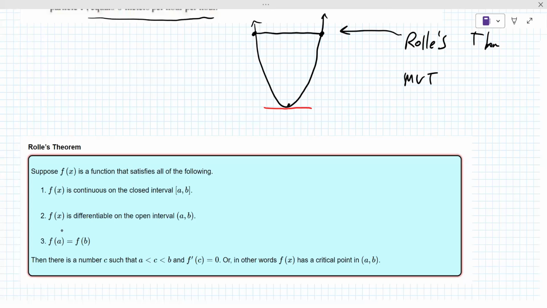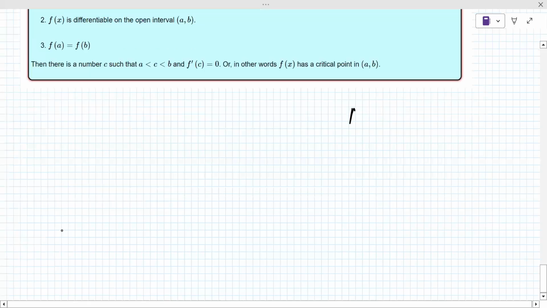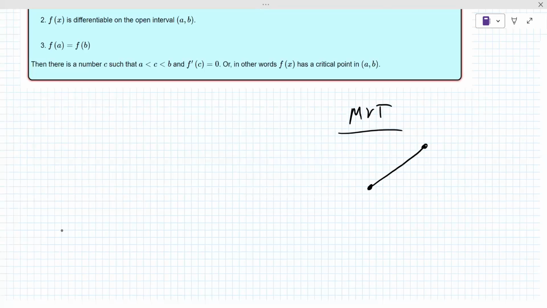The mean value theorem is the more generalized one, which is also in play. The mean value theorem, just as a side note, works like this: between 2 points there's a slope, and then the curve will also have a slope at some place that's parallel to that.